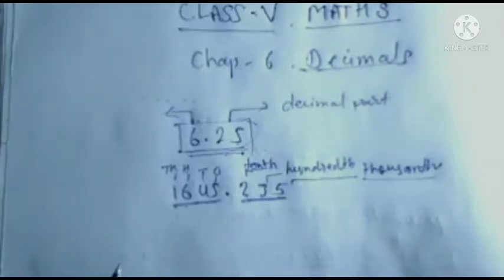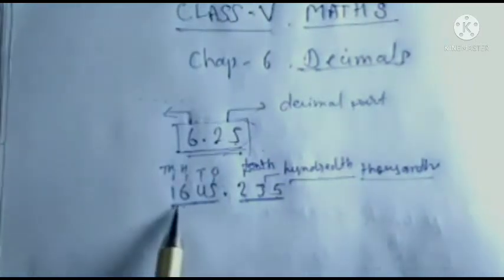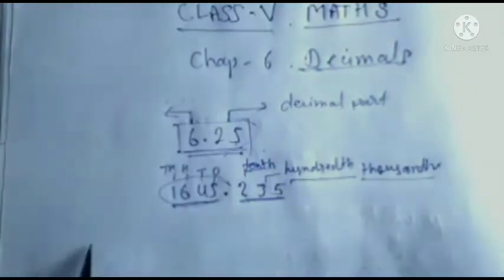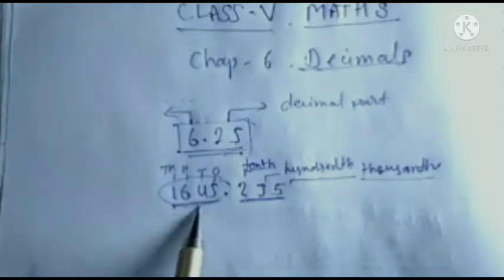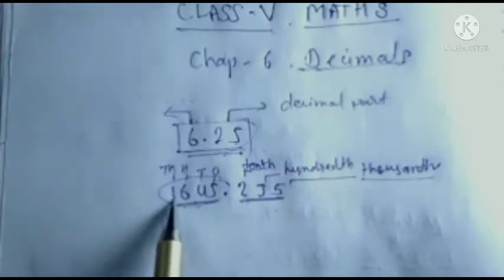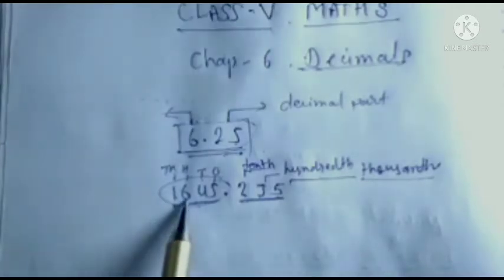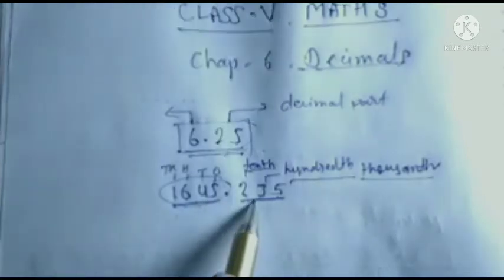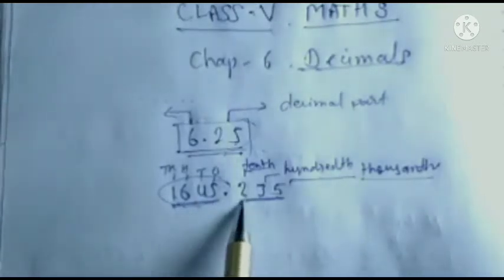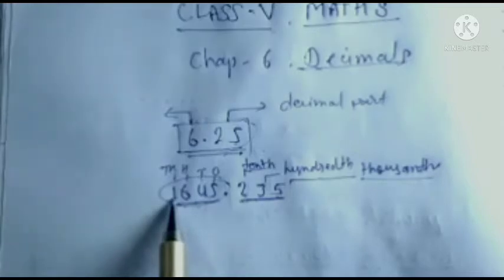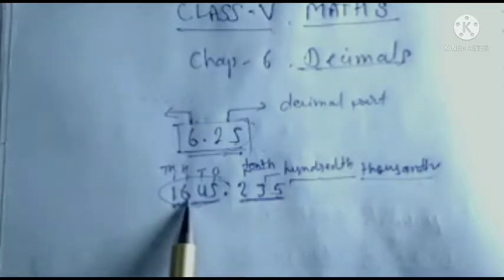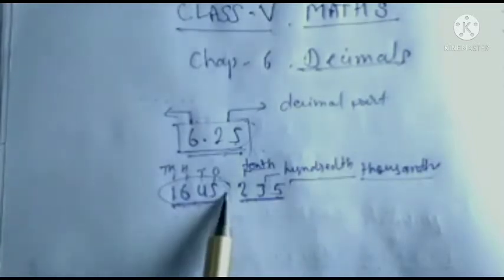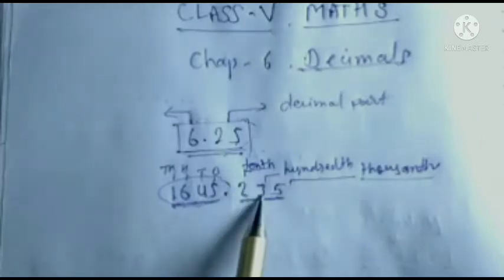Now the next point. If we have to write the number 1645.235 in numeration form, meaning the inverse form, we can easily write it.